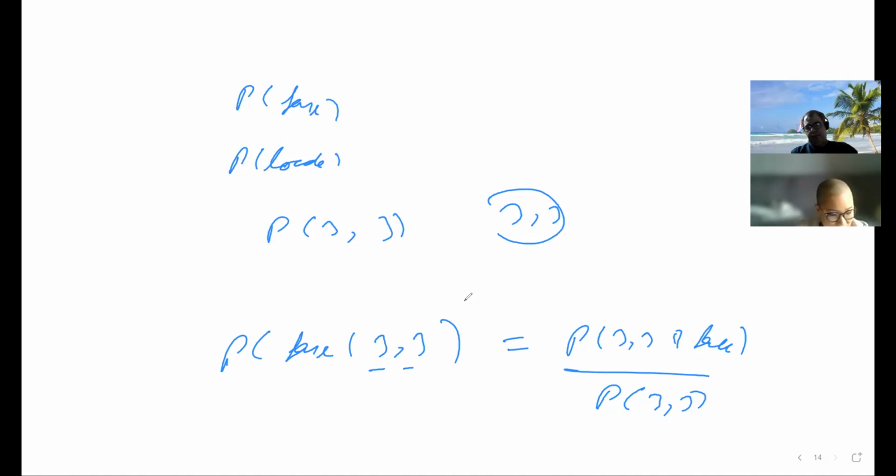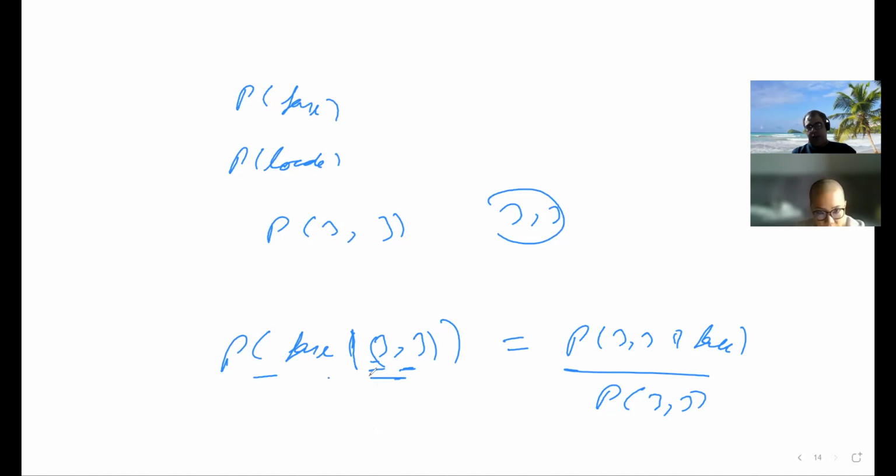I'm not asking you to solve this, you just have to understand what I'm writing here. P fair given 3, 3. It is given that while flipping the die twice, the first time you get 3 and the second time you again get 3, and you have to find the probability of fair.